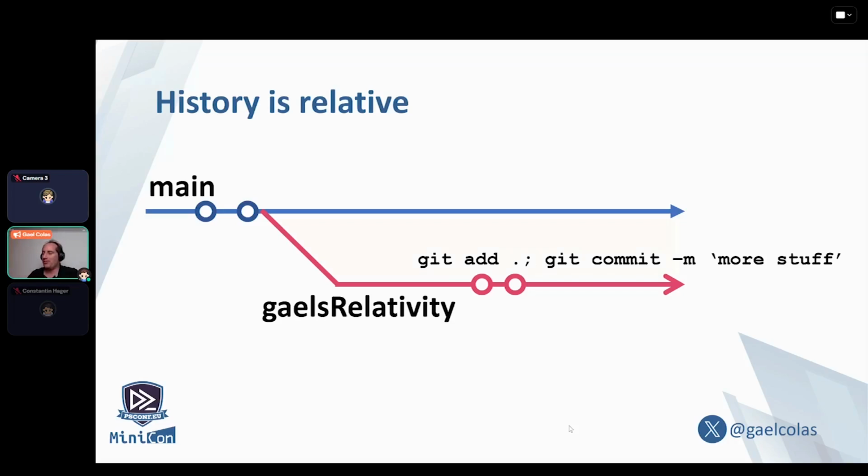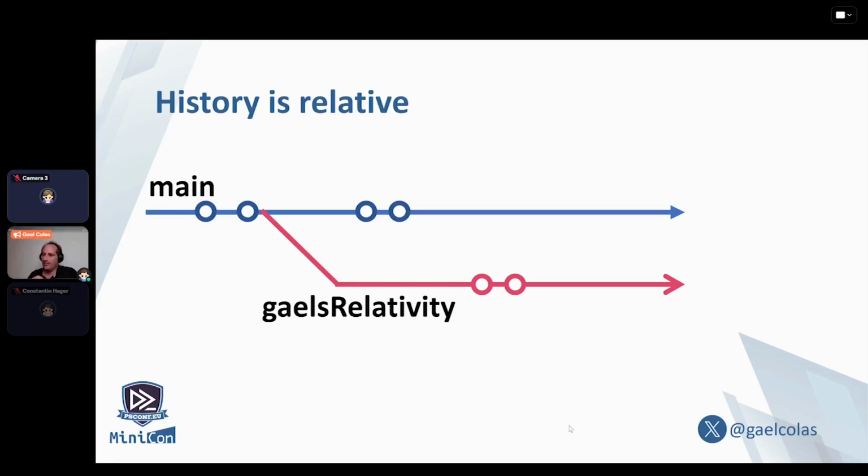And we add some information about what we're changing with the message. And then someone else might be, or maybe us, if we want to, in parallel do some other work that needs to go to main quicker than what we're working on. Then it goes to main. And then we have two branches out of sync. One is the main branch, and the other one is your local branch that you're making changes to.